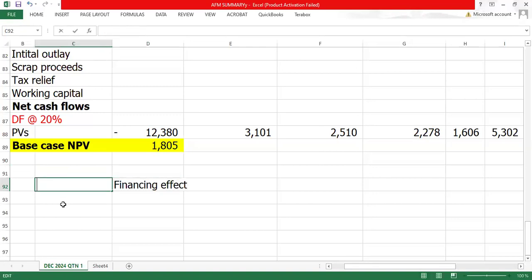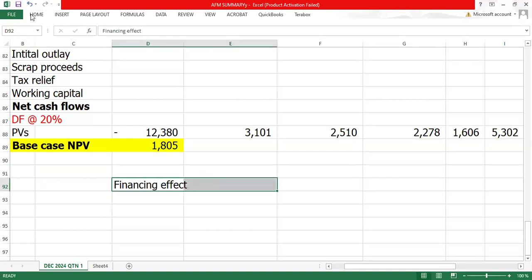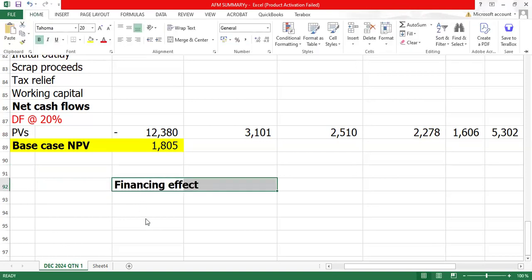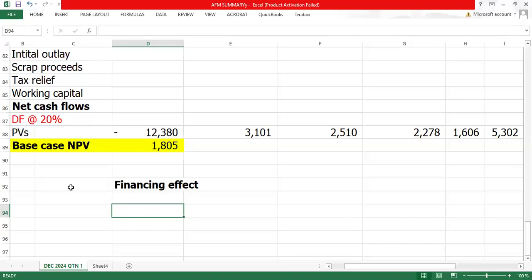Because as you get your APV, you need to look at the financing effect. How is the proposed investment going to be financed? It's the question you need to ask yourself.